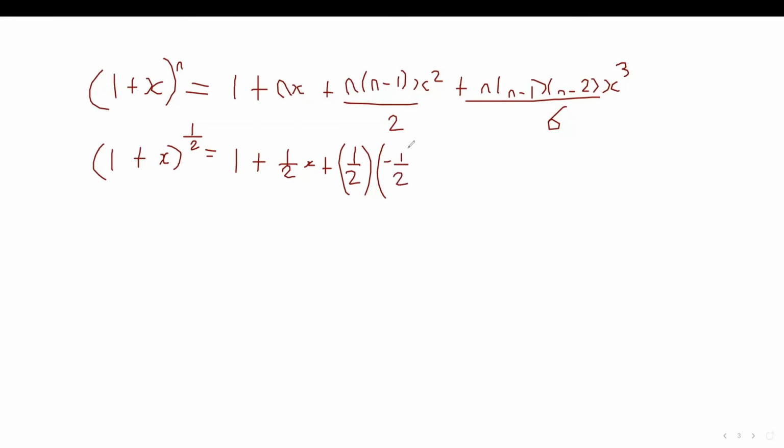This is being multiplied by x squared, and then we divide that by 2 factorial, so divide it by 2.